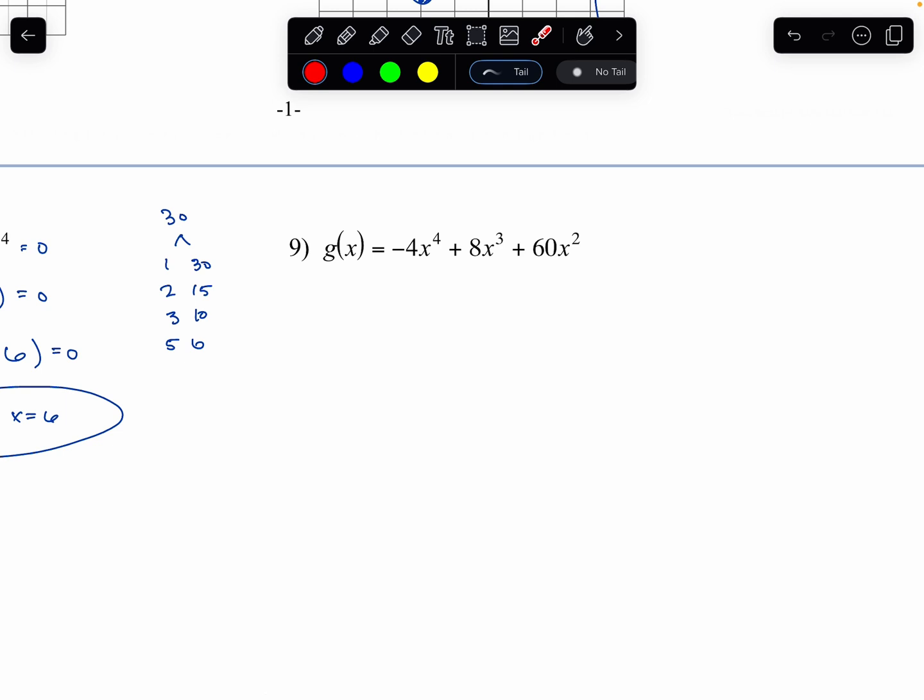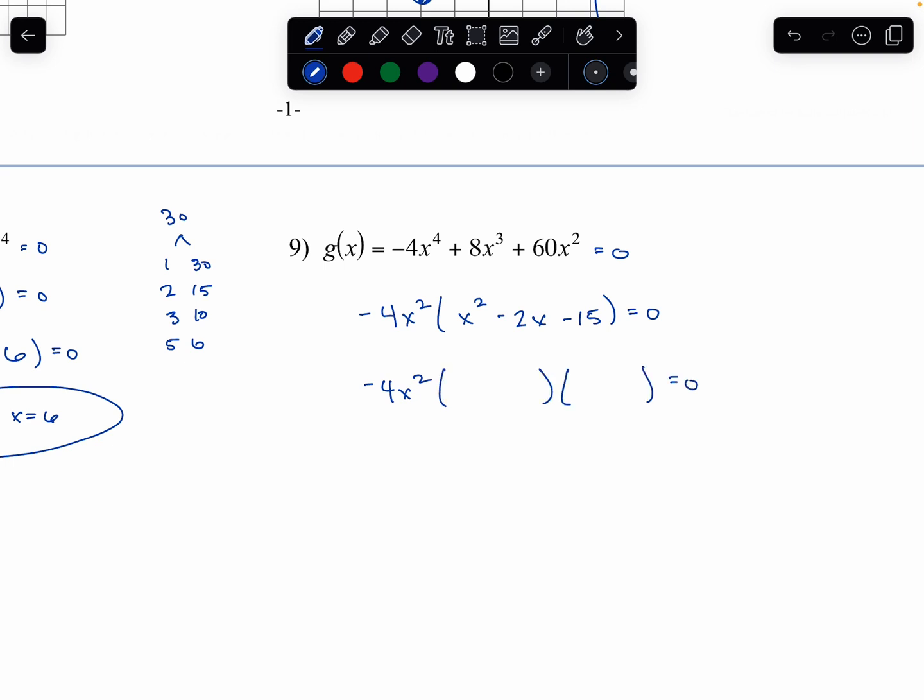All right, here, I think negative 4 is a greatest common factor, negative 4x squared, and I'll be left with x squared minus 2x minus 15.